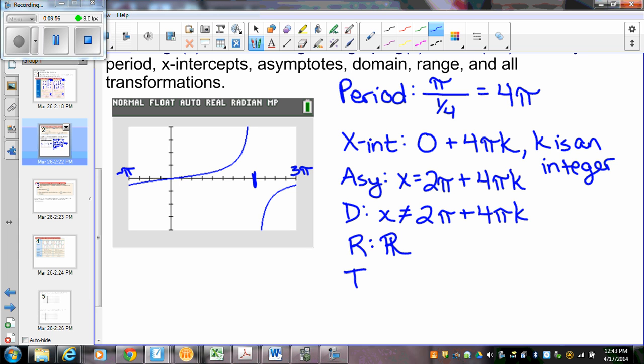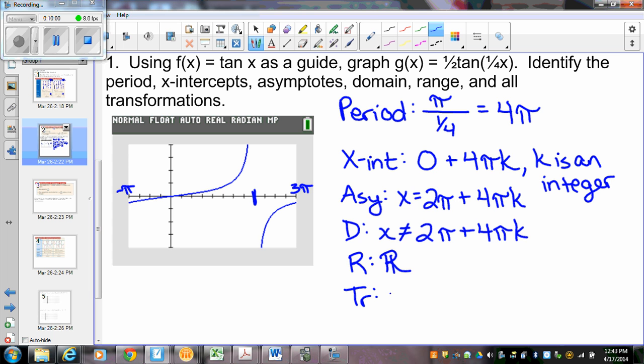And then our transformations. Looking back at the equation, we have a vertical compression by 1/2, and we have a horizontal stretch by the reciprocal of that coefficient in front of the x, so by 4, which is why our period went from pi to 4 pi.